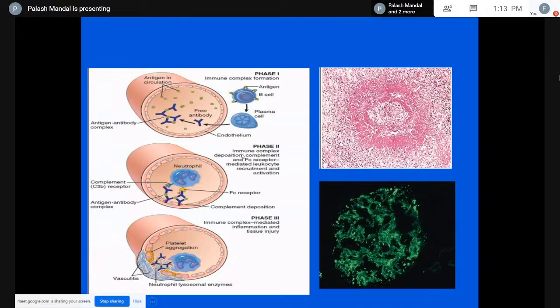This immune complex formation led to neutrophilic attraction. They had these Fc receptors and these complement receptors, that is C3b receptors, which attracted the neutrophils, and the neutrophils got hooked onto this antigen antibody complex. The complex had already been deposited in the blood vessel wall. You see, this is the lumen of the blood vessel.